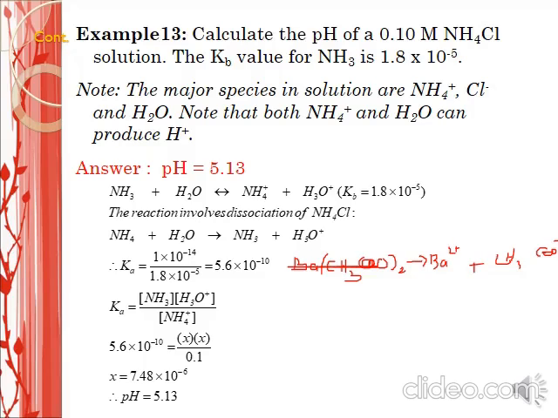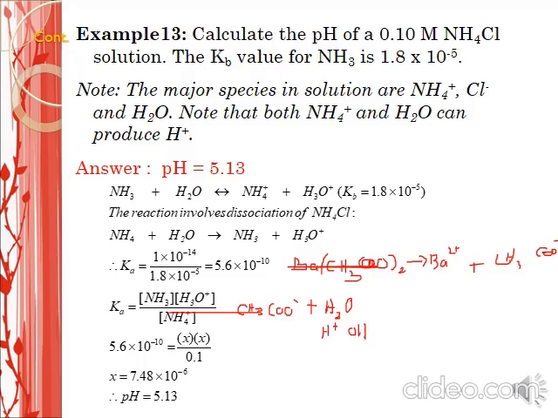Now, first we look at the anion CH3COO minus. Remember, for the anion you add H2O. H2O comprises H plus as well as OH minus.